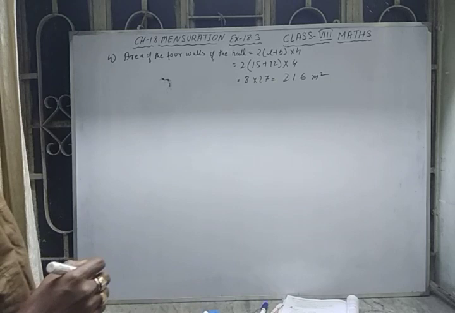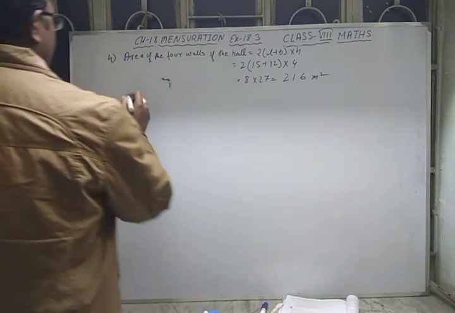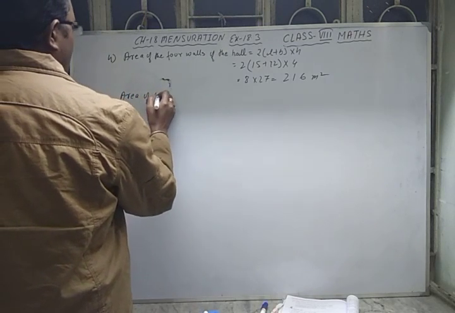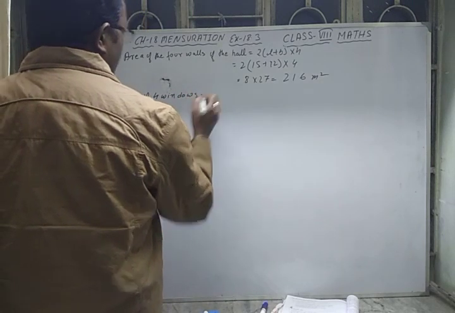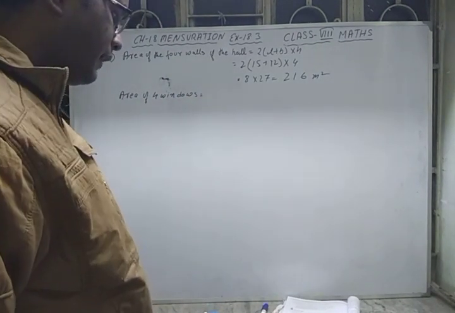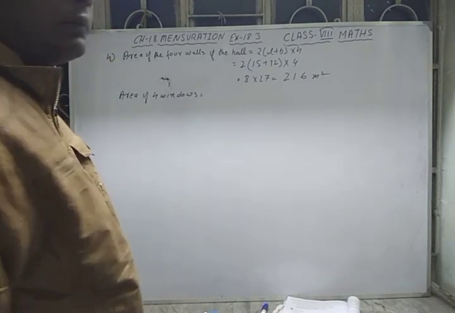Now from this area of the 4 walls you have to subtract the doors and windows. So what will you write? Area of 4 windows. What is the measure of each window? Measure of each window is 2 meter into 1.5 meters. So you have to find 1 and multiply it by 4.